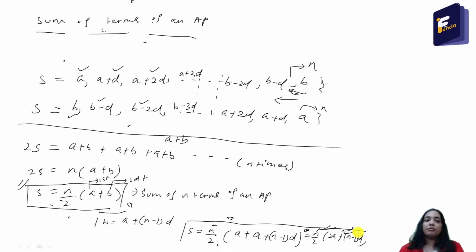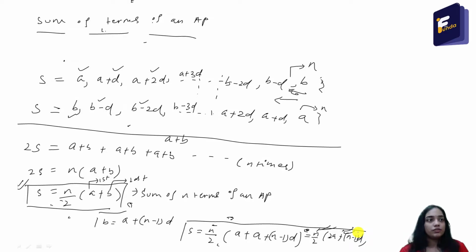So the sum of n terms of an AP is S equal to n by 2 into 2A plus n minus 1 D. This formula should be at your fingertips. You should be able to easily recall it, it should be on the tip of your tongue every time. And also n by 2 into first term plus last term.